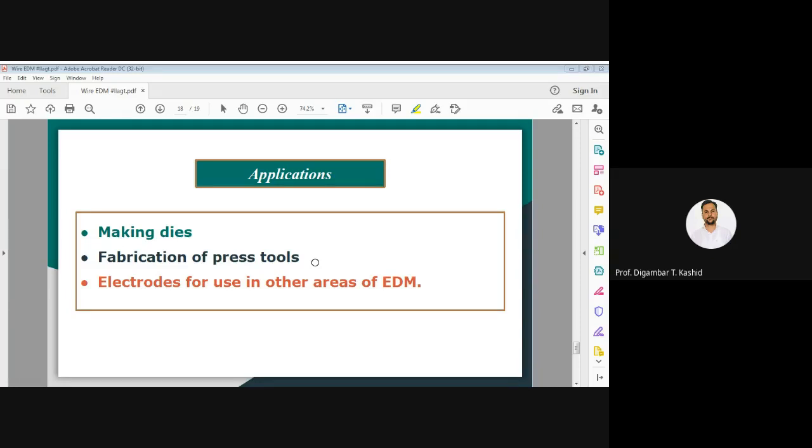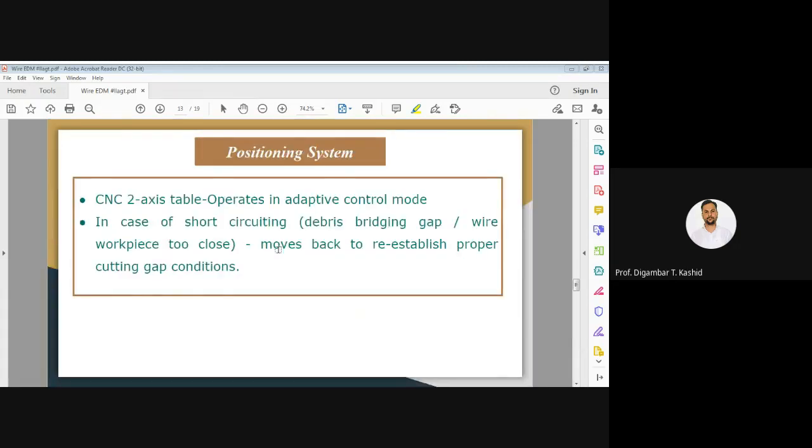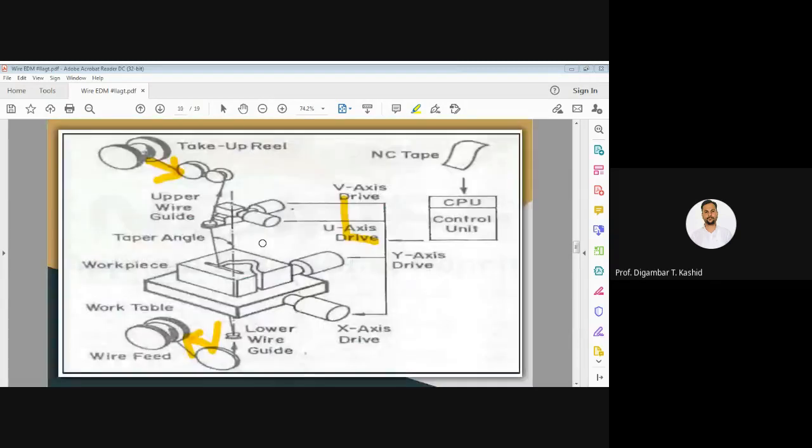As per our syllabus we have only these two, wire EDM and the EDM process. Electric discharge grinding, EDG, is also available in the book that you can study. So this is about the wire EDM.